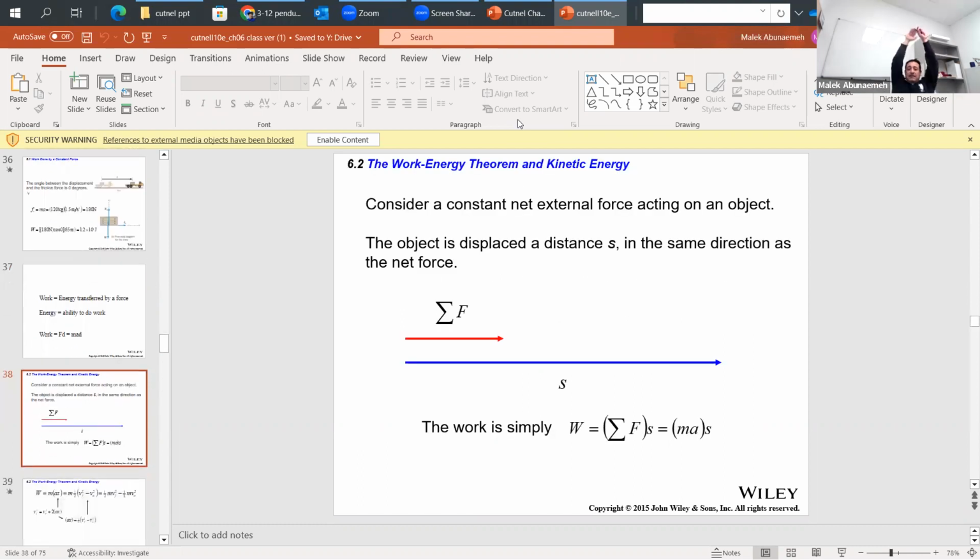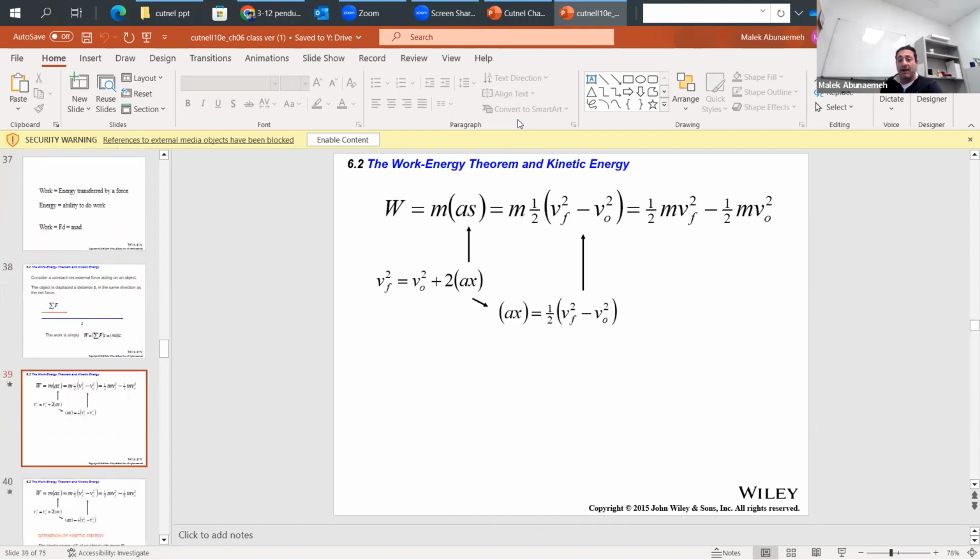Now consider a constant net external force acting on an object. The object is displaced a distance d in the same direction as the net force. So it's all the forces in that direction times your distance, which is your mass times acceleration multiplied by your distance.